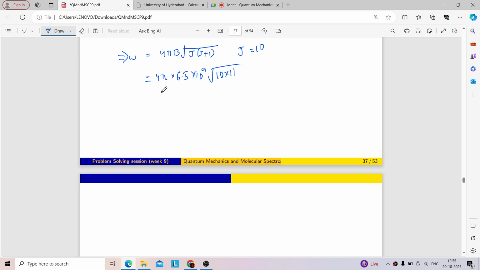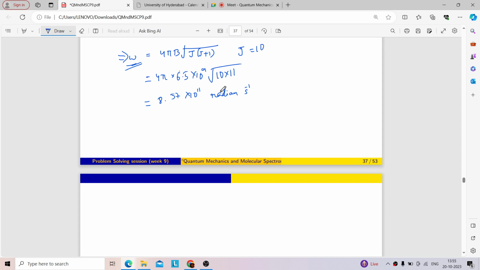If you solve this, you will get a value around 8.57 times 10 to the power 11. So this is the angular frequency, right? Its unit will be radian per second.